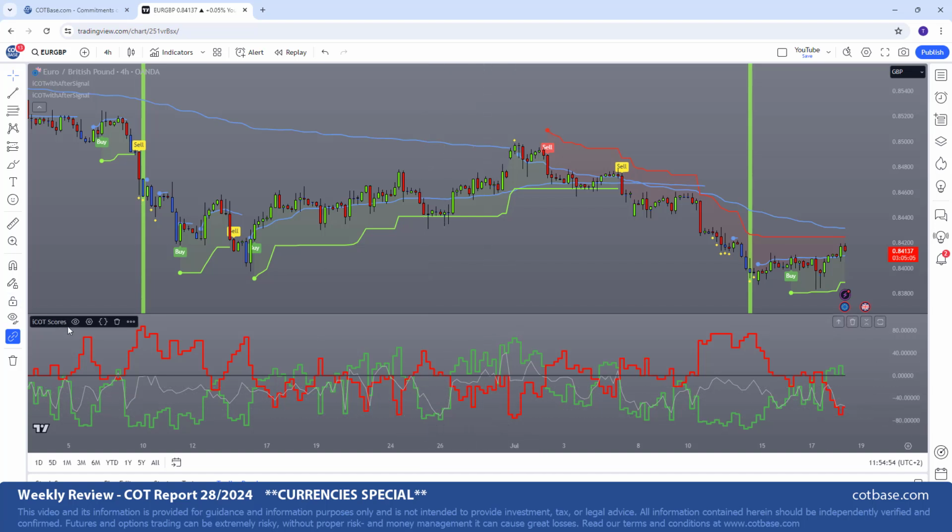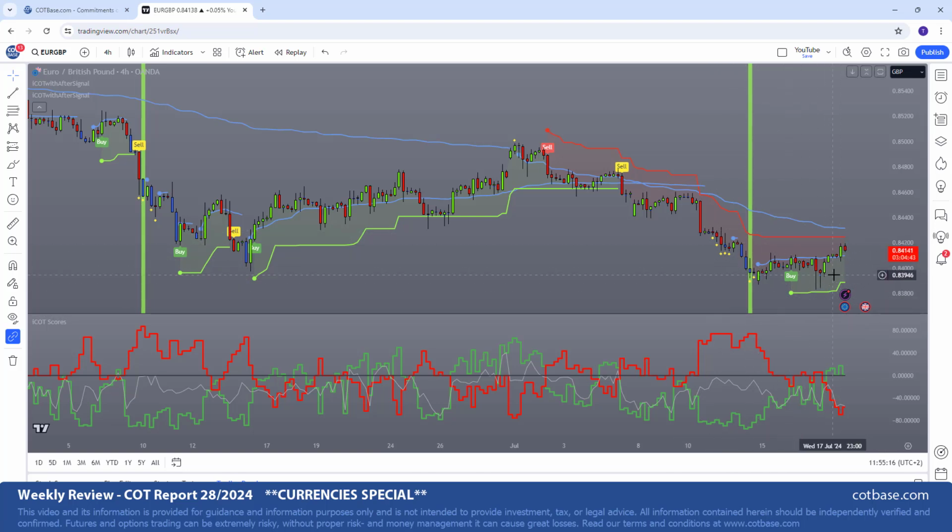This, of course, being the iCOT scores chart. Just at that top, we get a confirmation from AfterSignal, and since then we can see that the currency pair is coming down. Just at this bottom, we are getting a bullish stripe signal, suggesting that something is changing.